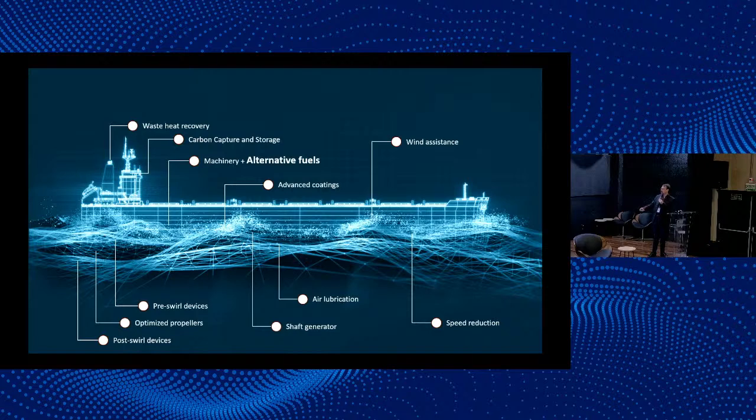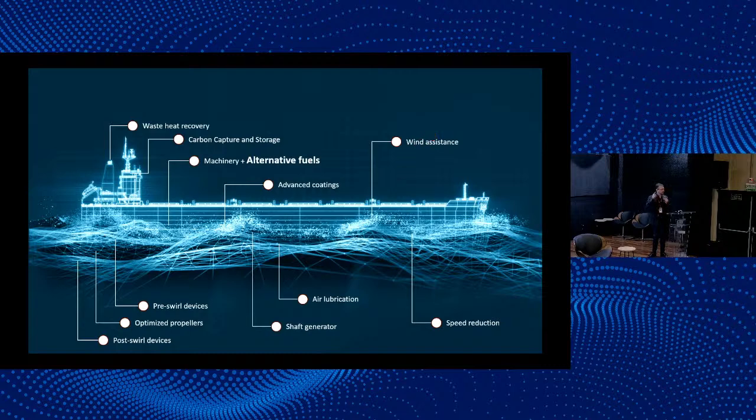For instance, solutions based on optimization of the main propeller. We can use shaft generators, we can use air lubrication on some vessels. We have some solutions with wind assistance.